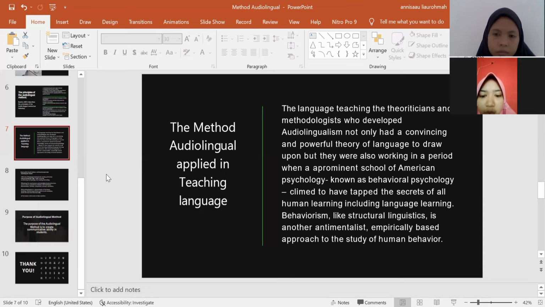So, behaviorism, like structural linguistics, is another empirically based approach to the study of human behavior. To the behaviorist, the human being is an organism capable of a wide repertoire of behaviors. The occurrence of these behaviors is dependent on three crucial elements in learning.